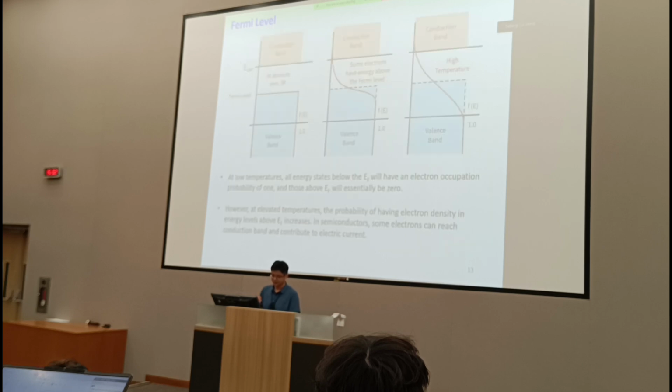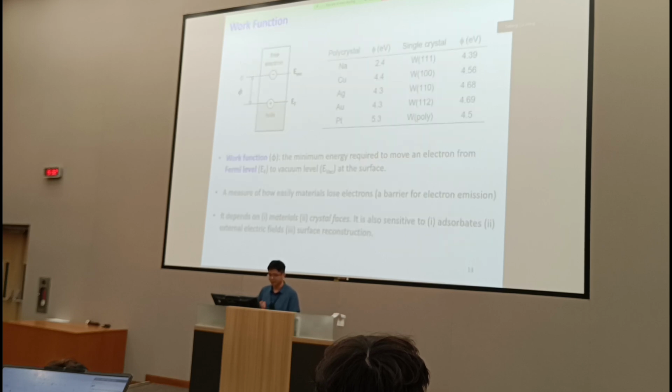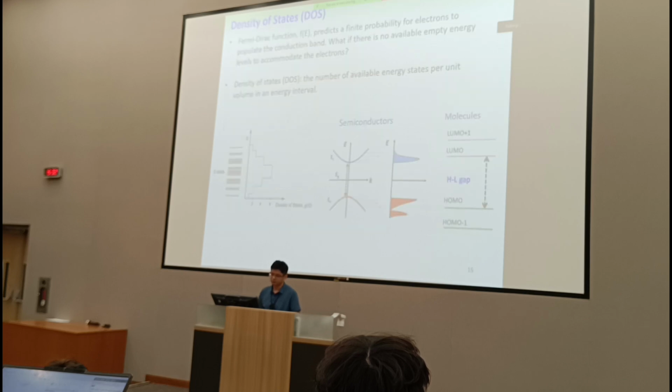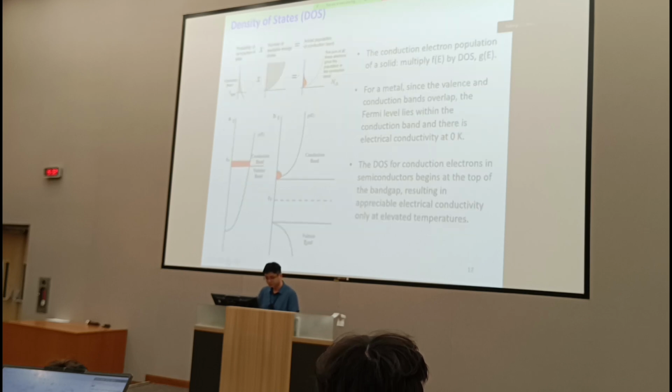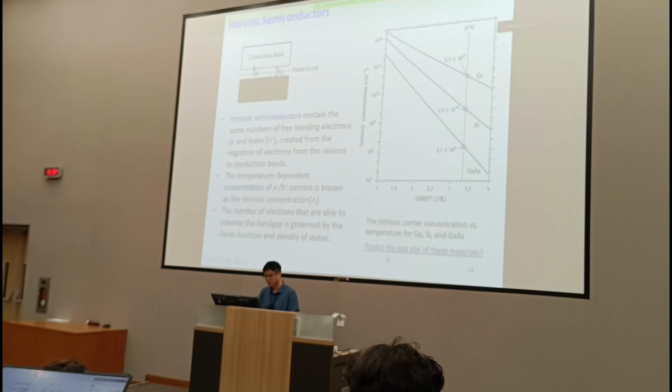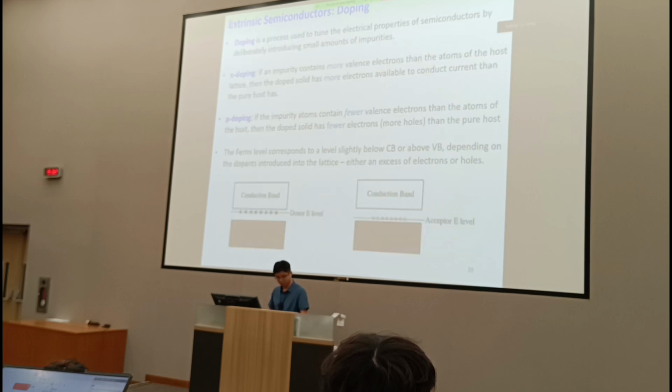Assuming the density of states are similar, that will change the carrier concentration for different types of semiconductors. So you can predict the gap size based on this kind of plot. That will be a question we can give some time to later, during the break.